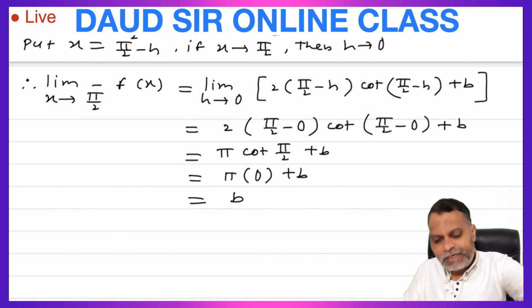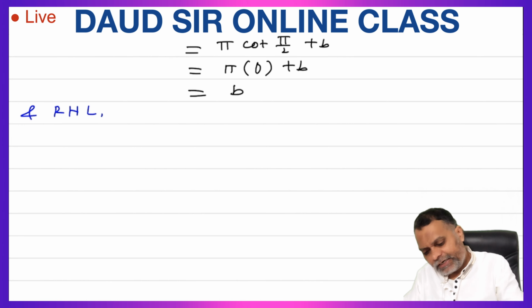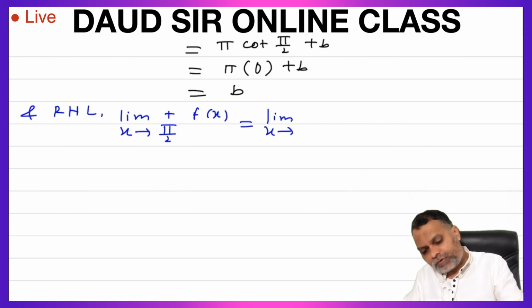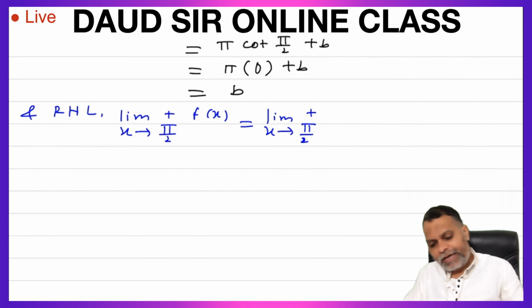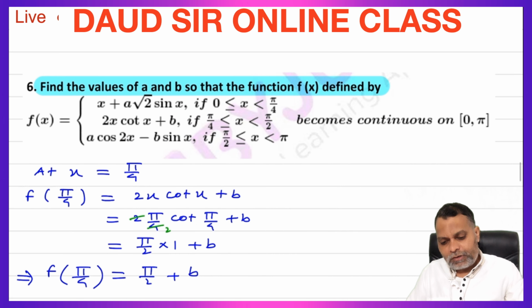And right hand limit: limit x tends to pi by 2 plus f of x is equal to limit x tends to pi by 2 plus, where x is greater than pi by 2. x is greater than pi by 2 here.